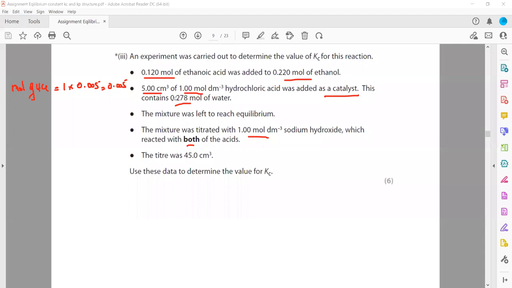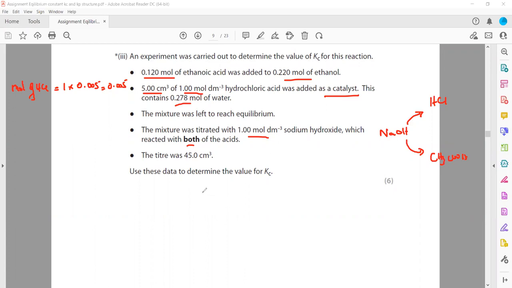0.005 moles of HCl. So first, how many moles of sodium hydroxide were added? These sodium hydroxide moles reacted with hydrochloric acid and with ethanoic acid, both of them. And that will give the moles of ethanoic acid at equilibrium.